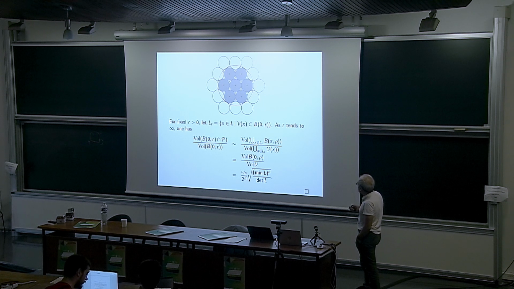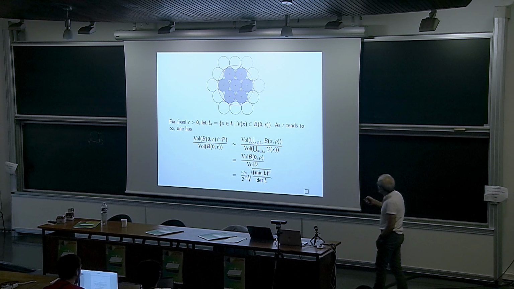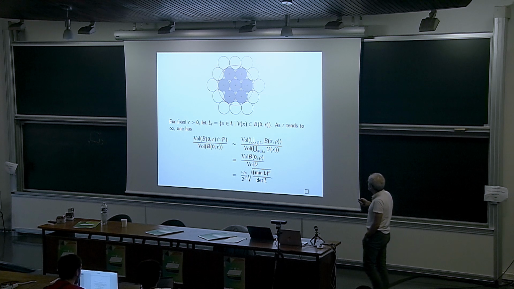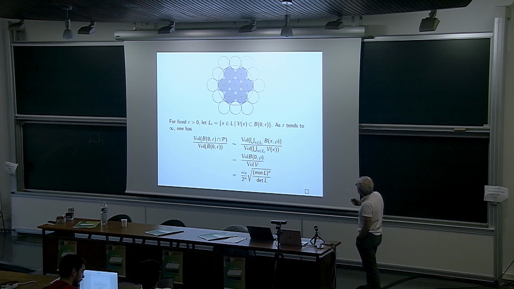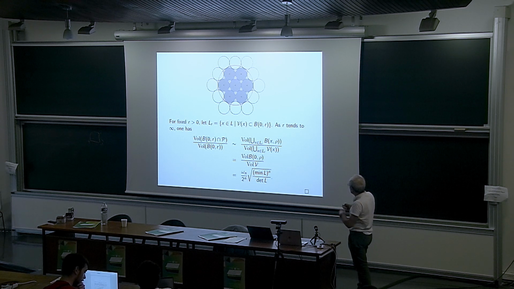And it's very easy to see that to estimate the density as r tends to infinity, it's enough to take the ratio between the volume of these gray spheres and the corresponding Voronoi cells, because the part that escapes from this computation is irrelevant as r tends to infinity.